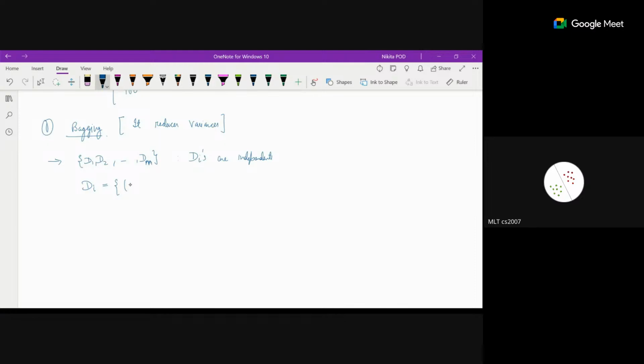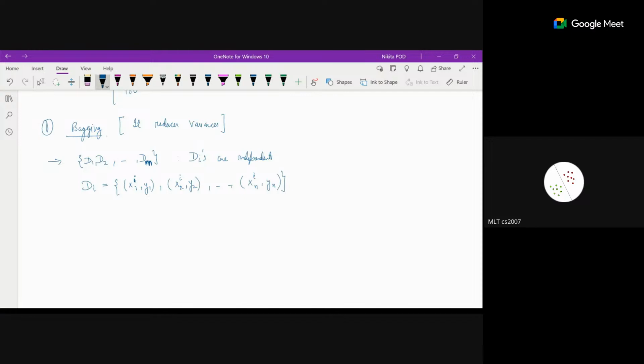So you will have x1, y1, x2, y2, and so on till xn, yn, for data set i. Okay. This is not n, this is m: you have m independent data sets with you. You don't have just one data set. What we are saying is you have m independent data sets.